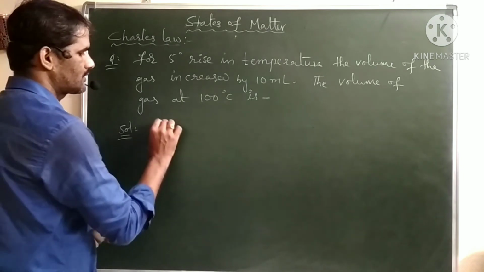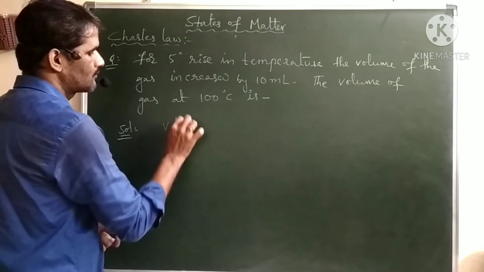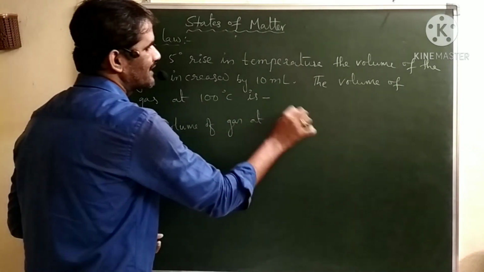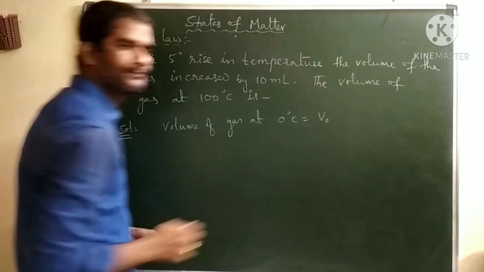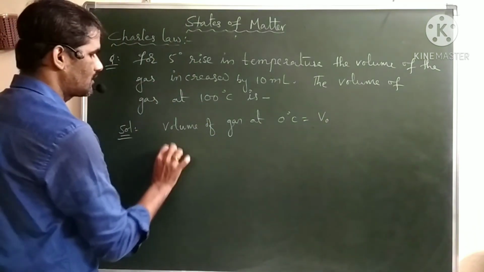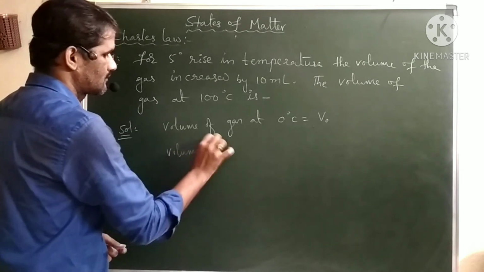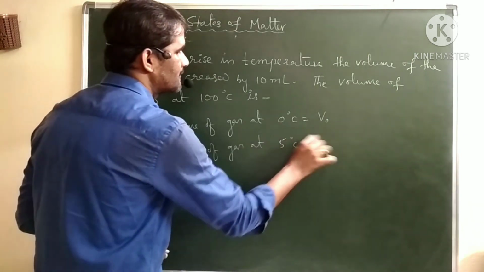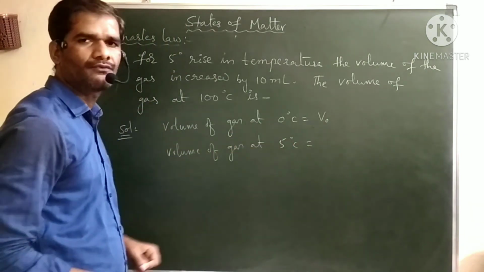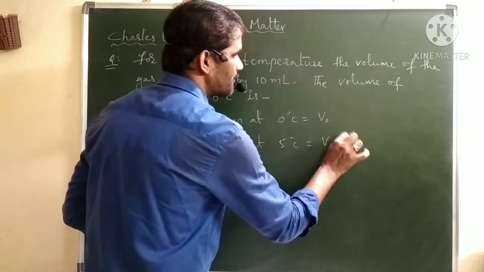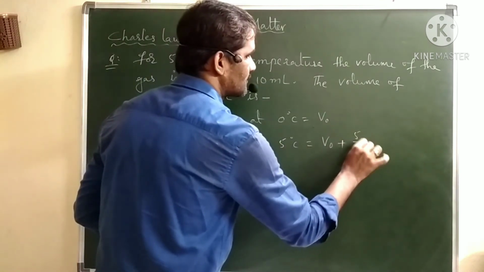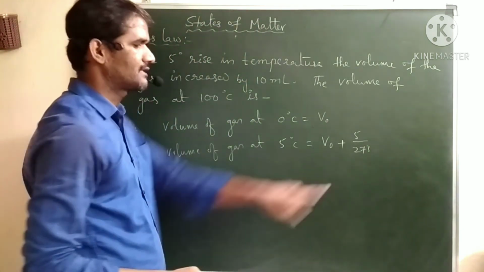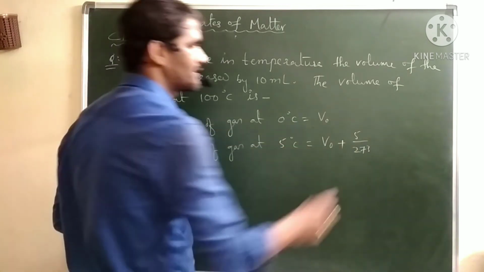So here first let us assume volume of gas at 0 degrees centigrade is V0. Then what about volume of gas at 5 degrees centigrade? The temperature now increases by 5. That is V0 plus 5 by 273 into V0. Let us take, instead of 273.15, let us take 273 for easy calculations.